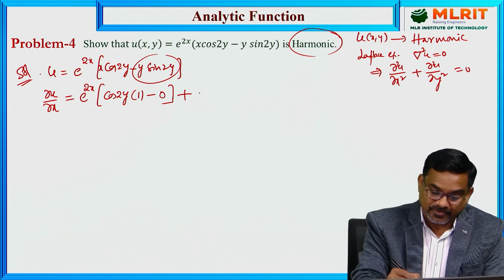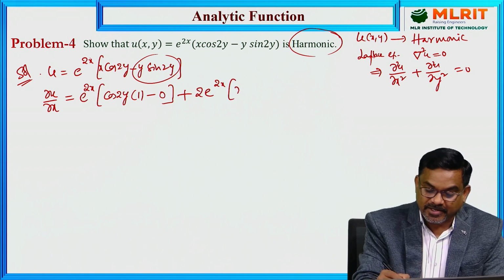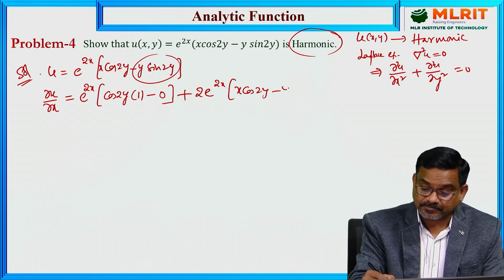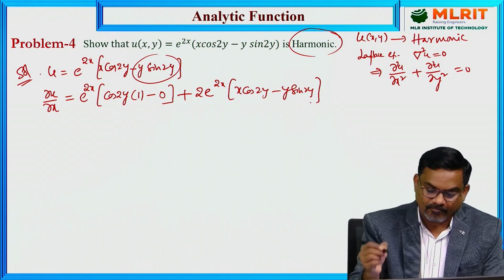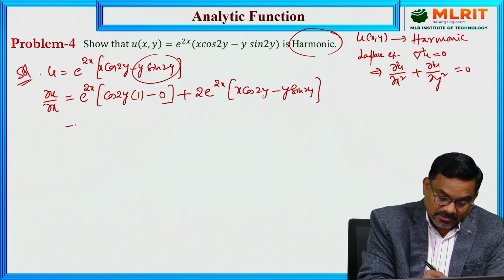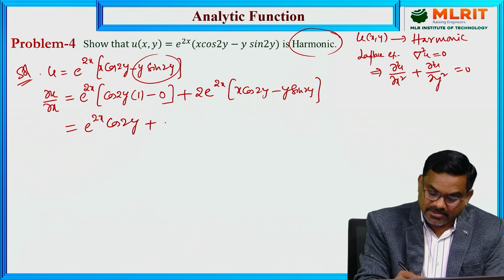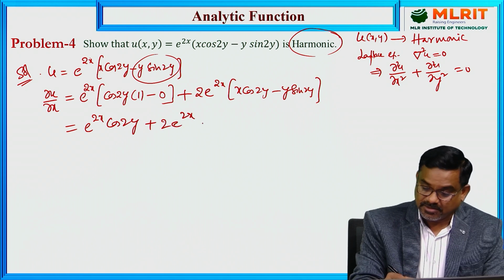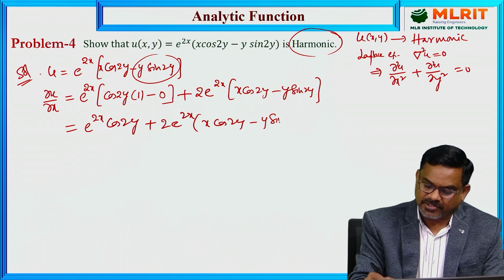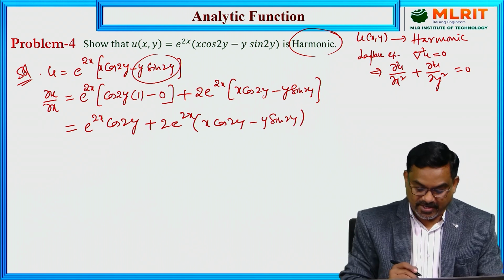Now u dash v: what is the derivative of first function? 2e power 2x into second function as it is. Okay, now that means e power 2x cos 2y plus 2e power 2x into x cos 2y minus y sin 2y is the partial derivative of u with respect to x.